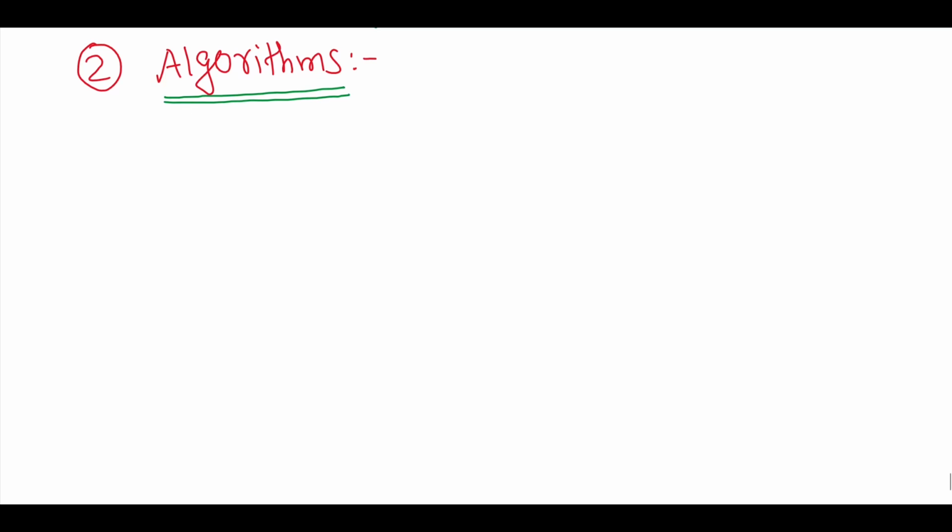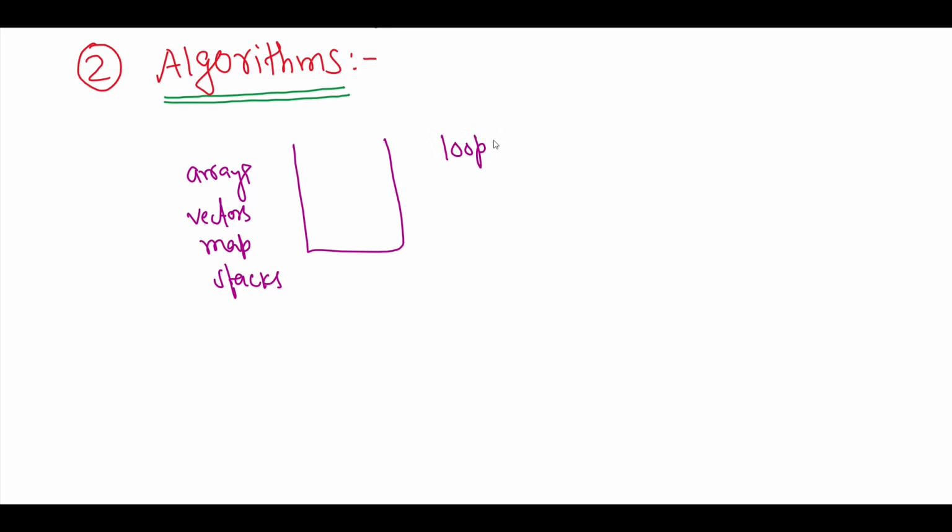So in simple terms, we have some containers like arrays, vectors, maps or stacks, right? And then we have some iterators, like loops, which can iterate over these containers, and if you want to perform some operations over them you need some kind of algorithms, right?